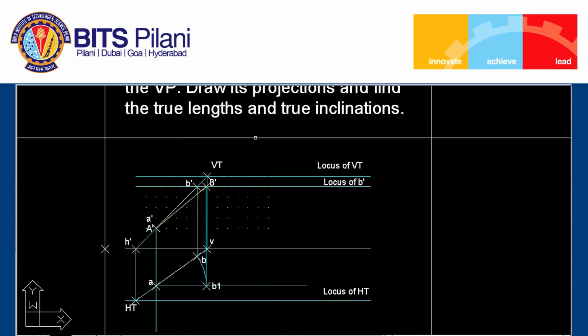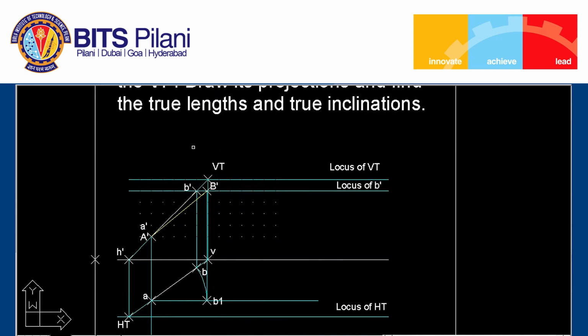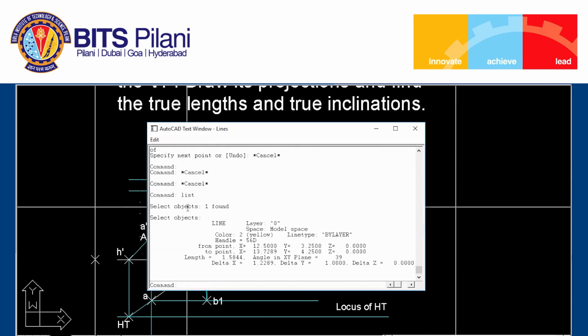So here I will just find it using the list command. I get the length as 1.5844, that is in terms of AutoCAD units, just multiply by 100, it is 158.44, and its inclination is 39 degrees. Okay, so that is theta.